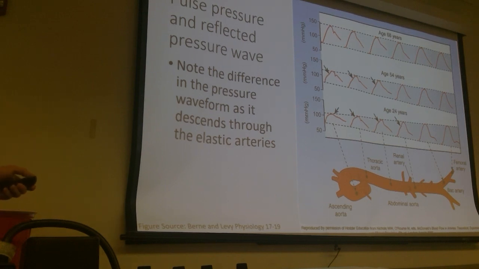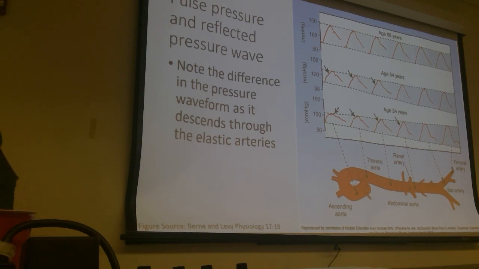Why is this important? Basically, what's happening for a younger person is that we have a forward wave and then we have the reflected wave. We're most in phase further out. The reflection occurs wherever there's a branch point of the aorta, where some amount of pressure wave is reflected backwards.